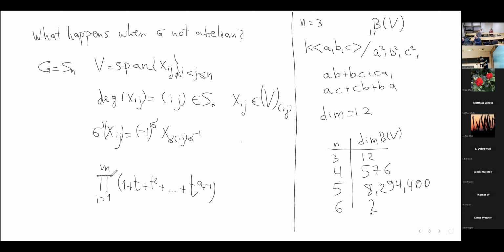You need to divide a bit more to get the Nichols algebra. In that case, you would get a counterexample to the original question about generation by group-like elements and primitives. If I'm not mistaken, in this particular case, it doesn't happen.